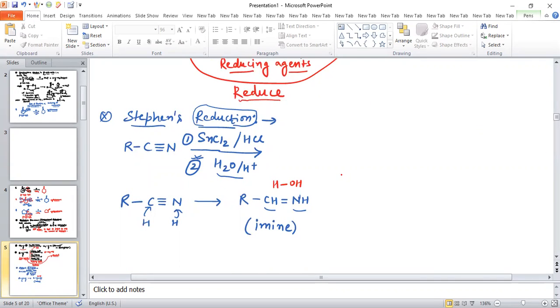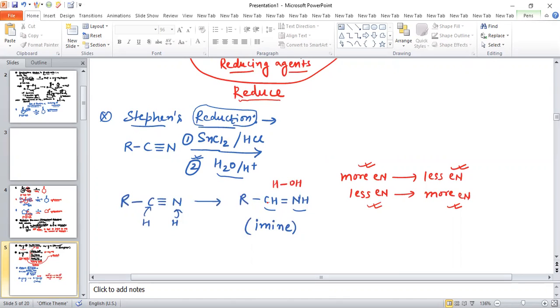So opposite rule: more electronegative atom will attach with less electronegative atom, and less electronegative atom will attach with more electronegative atom.